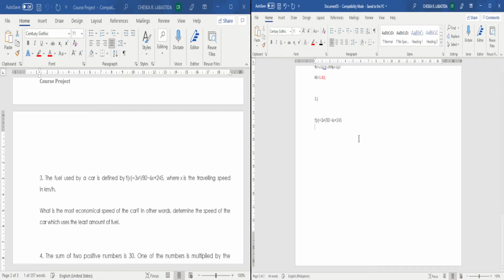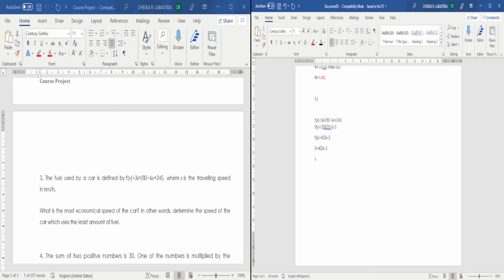So it should be 3x over 40 minus 3, equal to 0. Then we solve for the speed that optimizes the fuel intake.